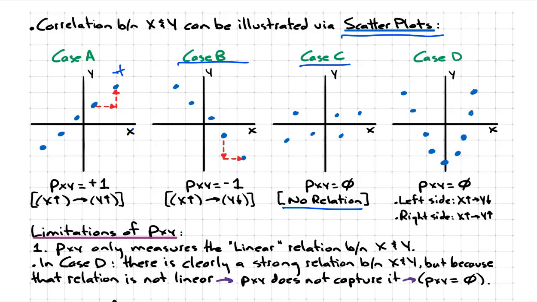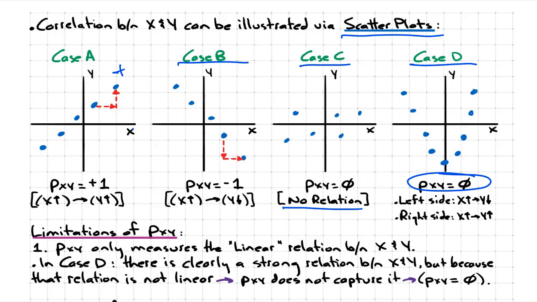Now case D is very interesting. If you drew a line of best fit through the data, so if you drew a line that cuts through the data, you could see that it would be right here. So if you drew a linear line, that's the catch. If you drew a linear line between the data, you could see that it would be a flat line, and therefore it would tell you that correlation is 0, right?